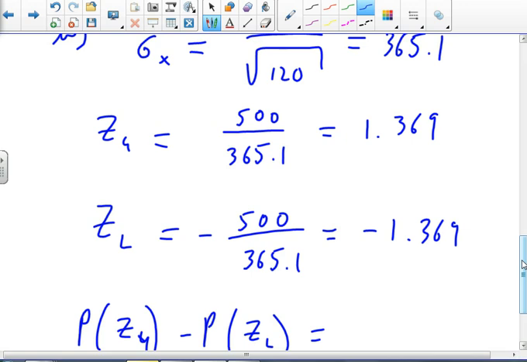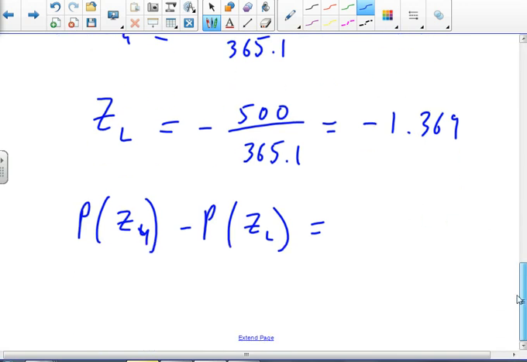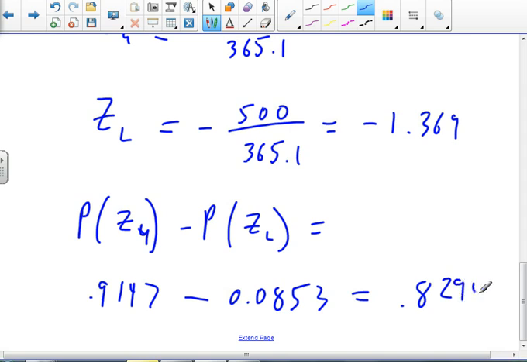So 1.369, we're going to call that 1.37. 0.9147 minus the lower z value, minus 1.37, 0.0853. So the probability is 0.8294.